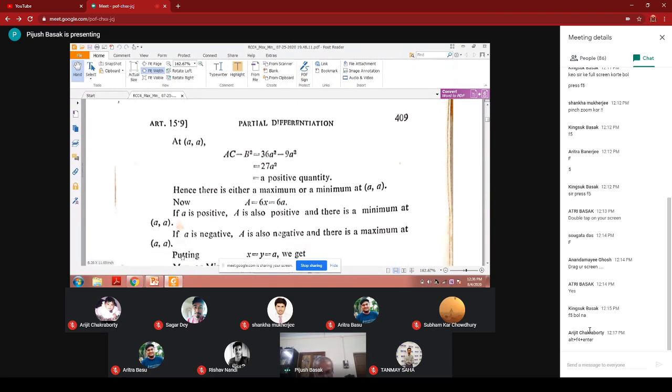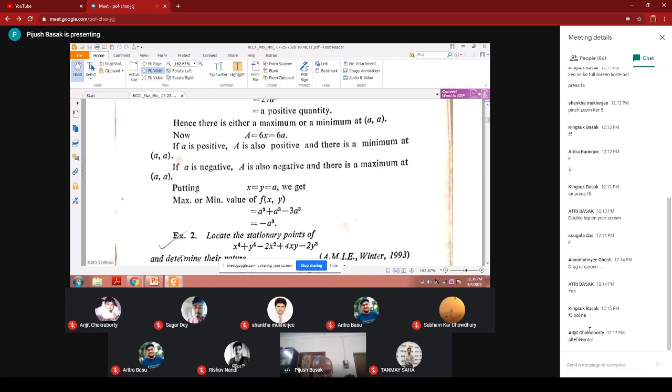But it all depends on a. Putting x is equal to y is equal to a, we get the maximum or minimum value as minus a cube. So the value of the maximum or minimum is minus a cube.